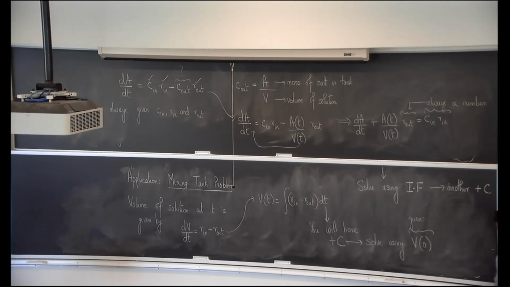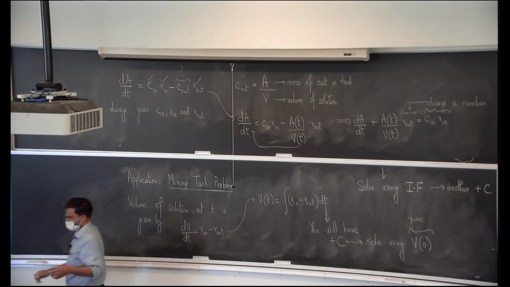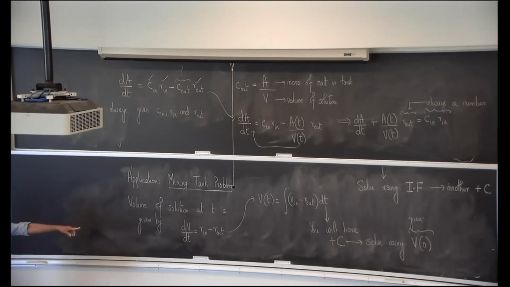Now, can you tell me what information will help us find this C? Anyone online? No, you can just try. It's okay to be wrong. What information will help you find that second C? The first one is obtained by the initial volume. What about the second one?